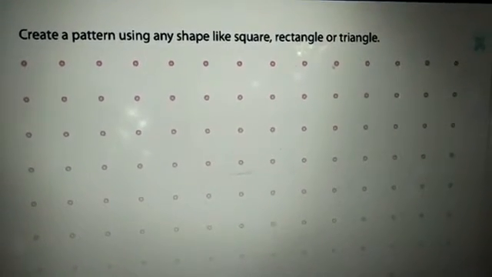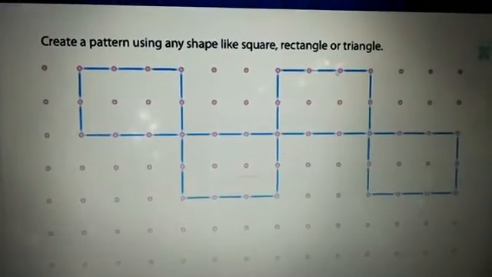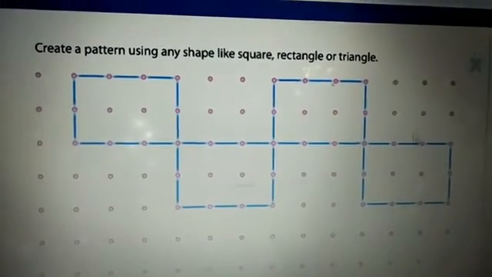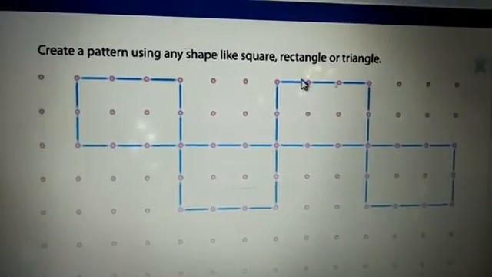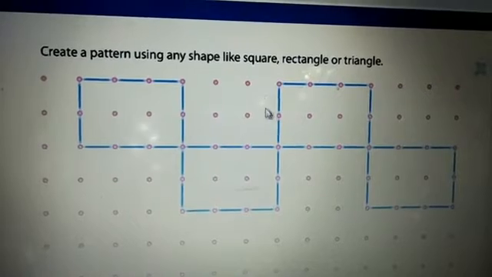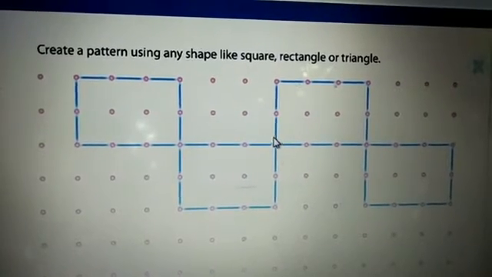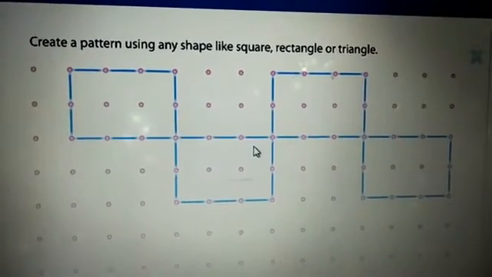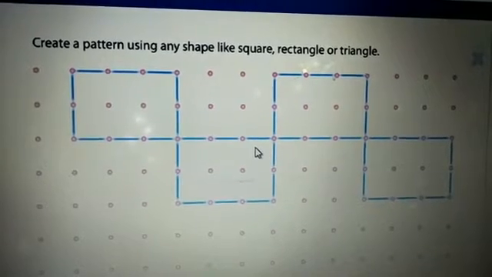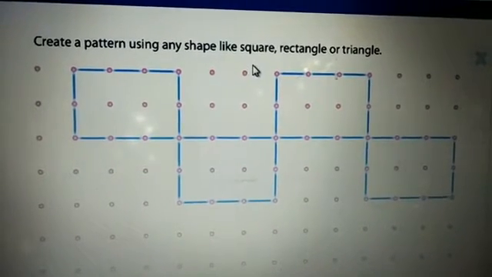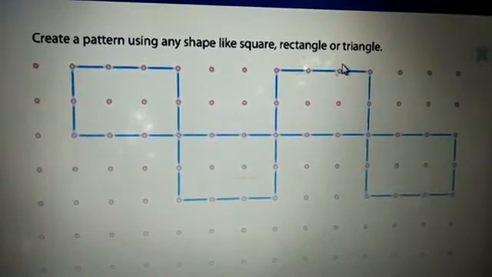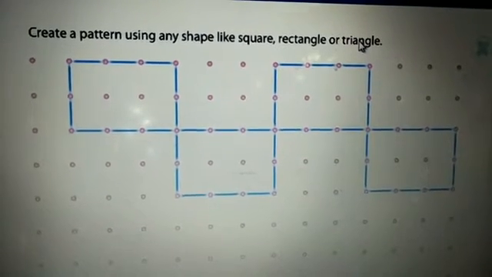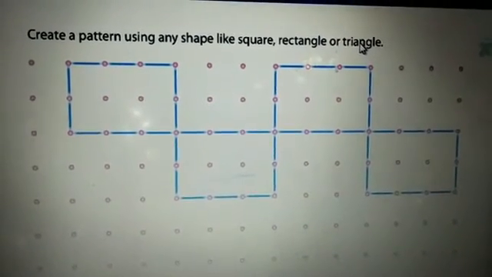I show one example for you. Here they are using a rectangle. Here 3, but here 2. So this is a rectangle. Instead of the rectangle, you can take some other figure, square or triangle. Is it clear, children?